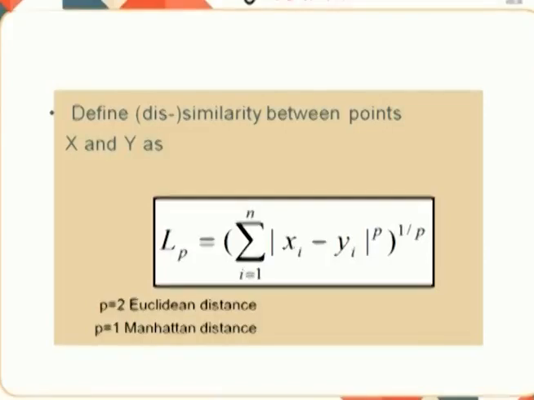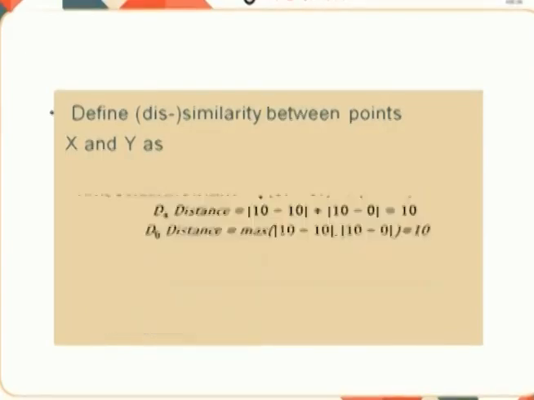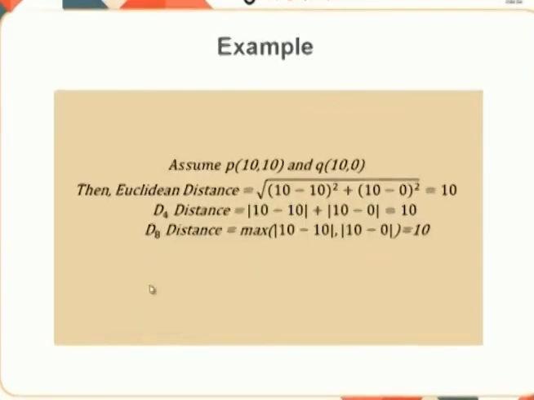Now, we are given n points and we have lots of distance measures, then we have to find the smallest distance. So, I am taking one simple example. Let us assume that we are given 2 points P and Q, and the coordinate position of P is 10, 10, and for Q it is 10, 0.